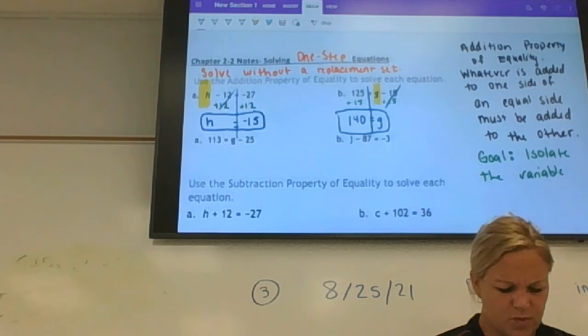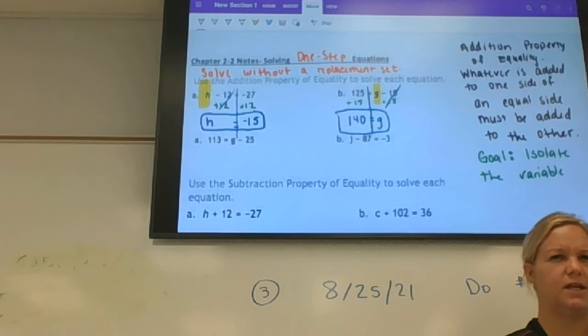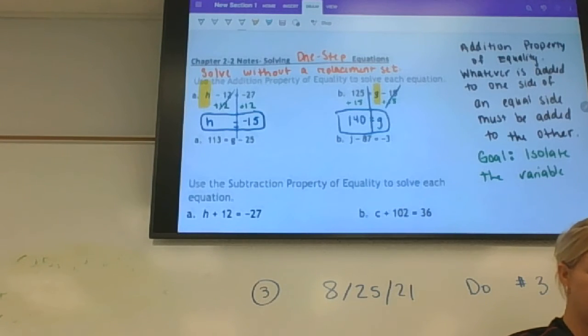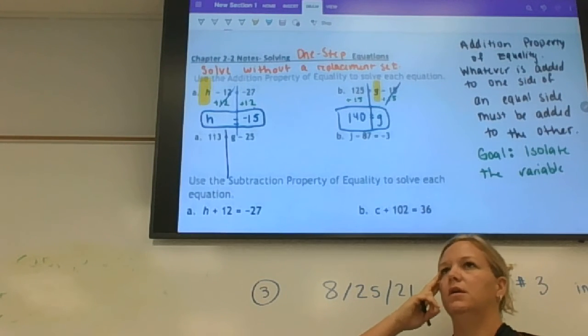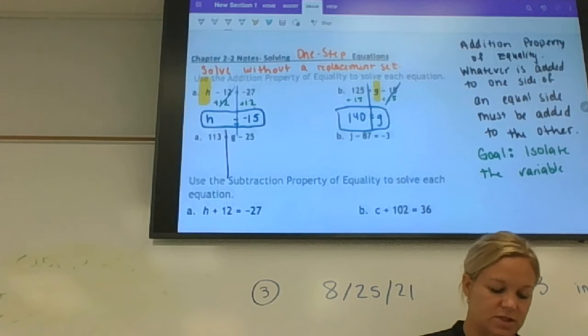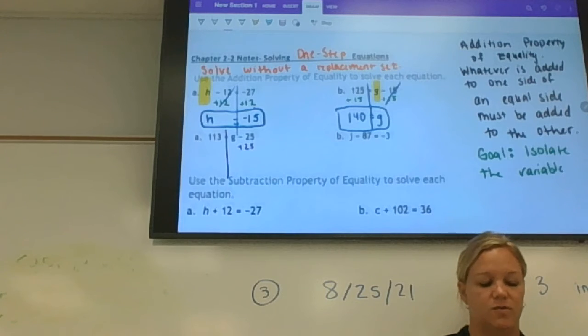Patrick, what's G in the next letter A? What take away 25 is 113? And that's going to help us figure it out. Rather than just sitting and thinking mentally, what could this be? We're just going to cancel this 25 out. We don't want it here. We're canceling it.